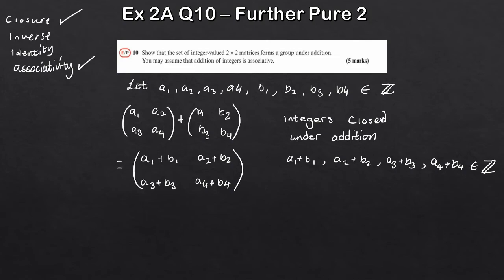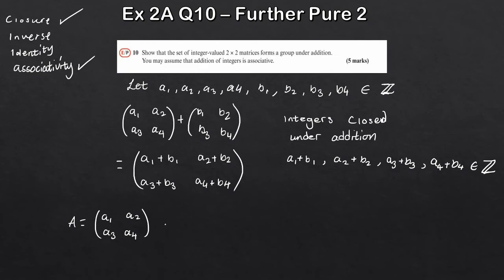The inverse, well, if you consider the inverse, if you've got a matrix A, which is A1, A2, A3 and A4, what do I add to this matrix to give me 0?